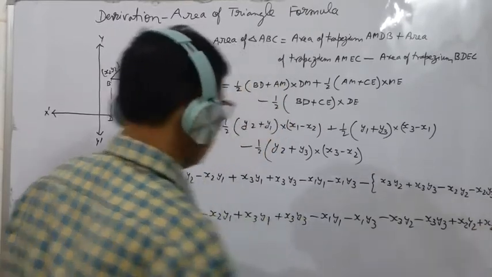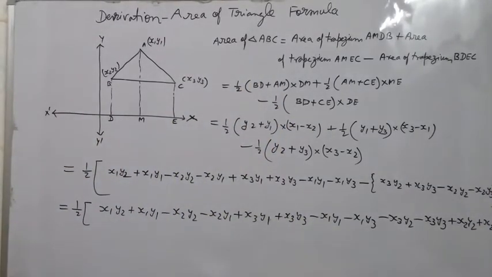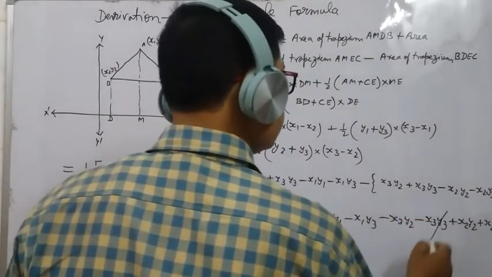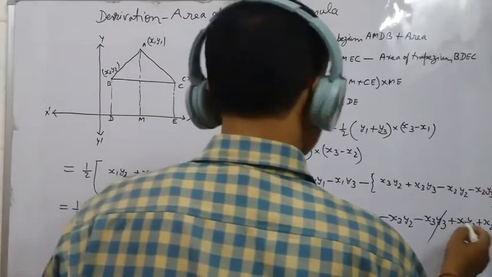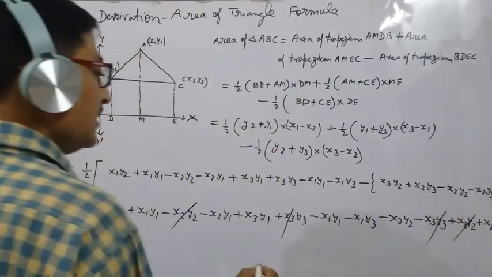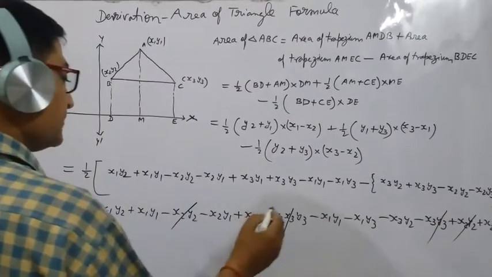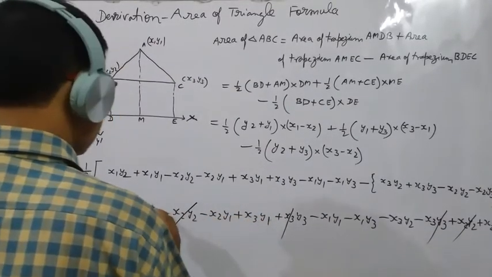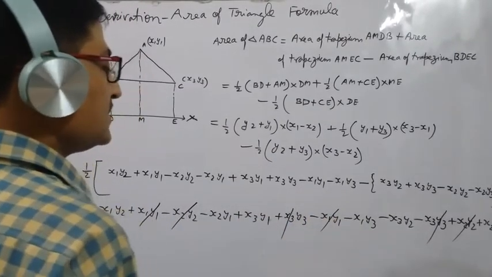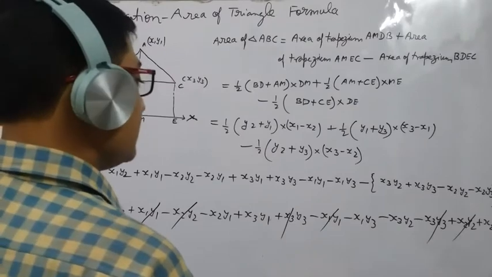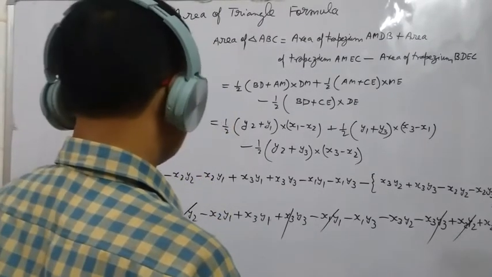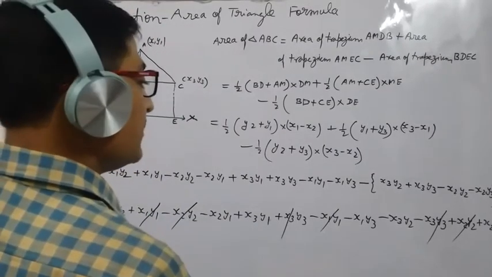Now x3 y3 positive and negative cancel. x2 y2 positive and negative cancel. x1 y1 positive and negative cancel. So these six terms are cancelled. No other terms cancel.